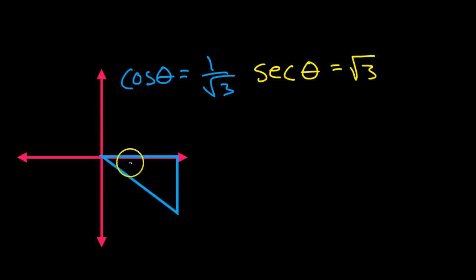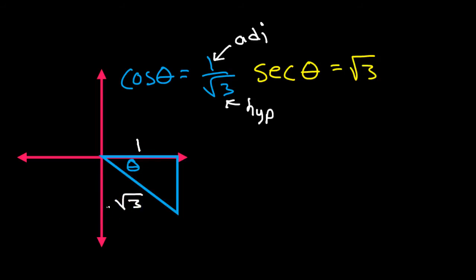Now, our theta that we're talking about is right here. So remember, cosine is defined as adjacent over hypotenuse. So when I look at that 1, I'm thinking adjacent. When I look at that radical 3, I'm thinking hypotenuse. So from the theta, the adjacent is 1 and the hypotenuse is radical 3.